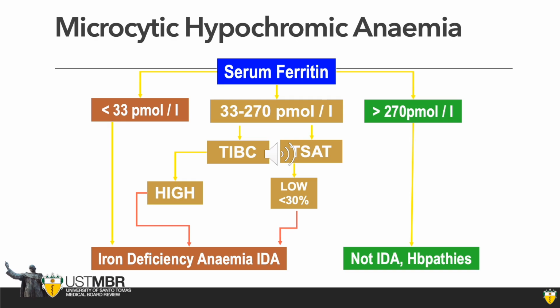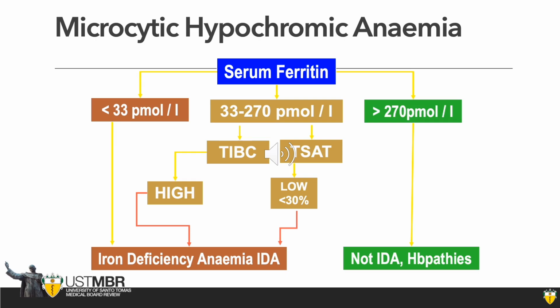Now, sometimes you have values that are in the middle, then you have to compute your TSAT and look at your TIBC. If the TSAT is less than 30%, then that's iron deficiency anemia. How do you compute for your TSAT? You have to divide the serum iron by the TIBC.